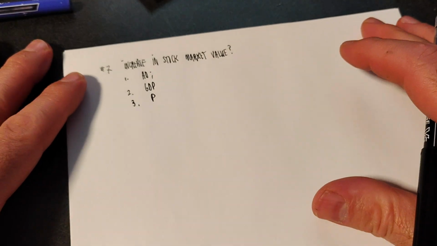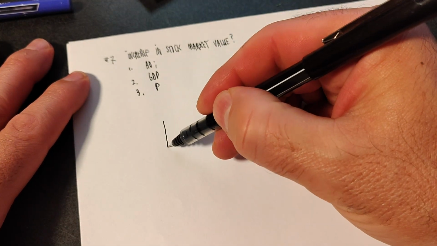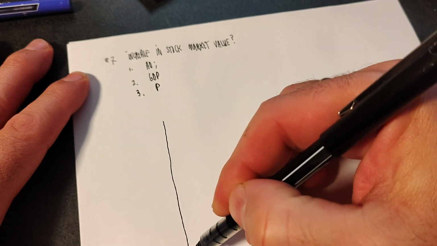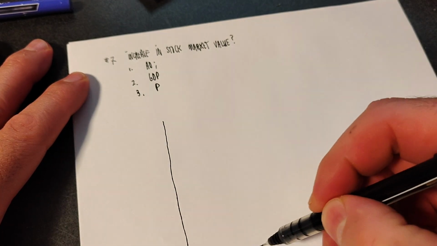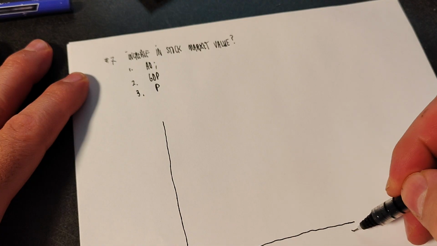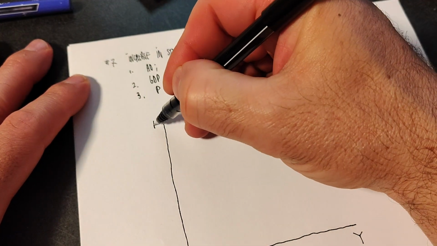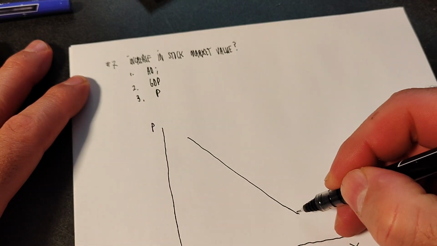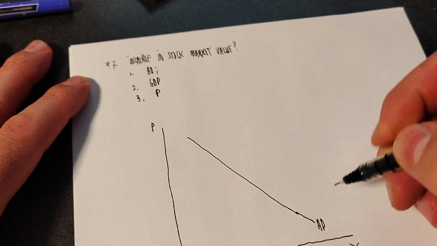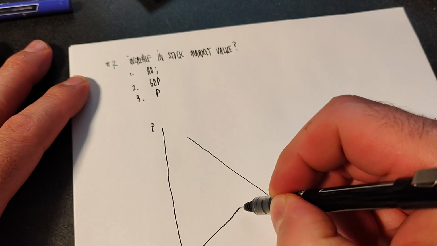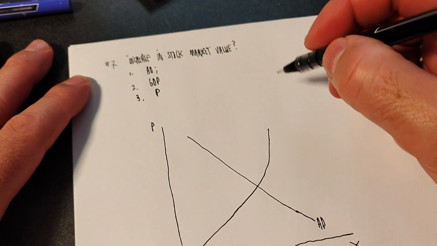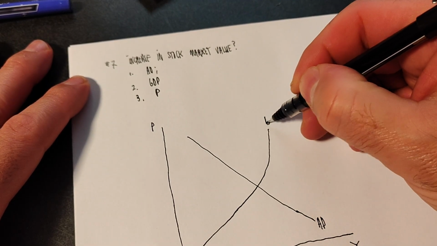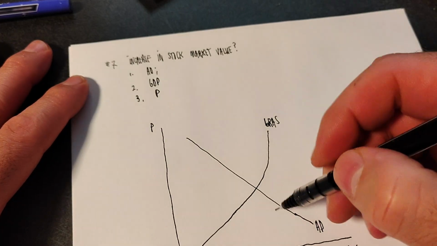So we want to set up our aggregate demand, aggregate supply model. Again, we're going to draw out an initial equilibrium. This is the short run aggregate supply curve.